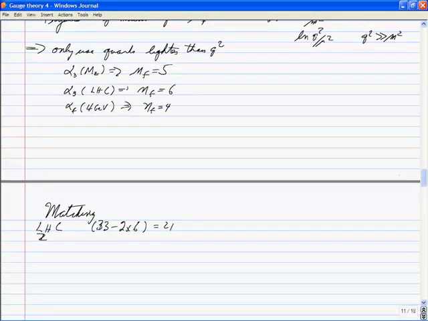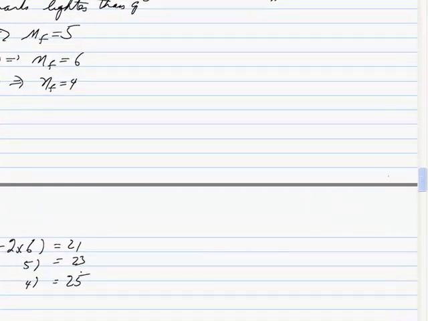At the Z, the same thing, 2 times 5, is 23. And at 4 GeV, 2 times 4 is 25.